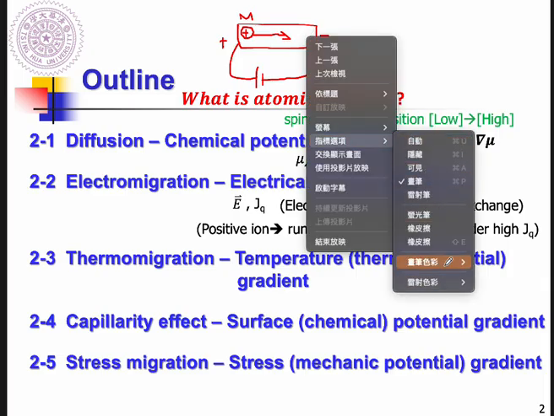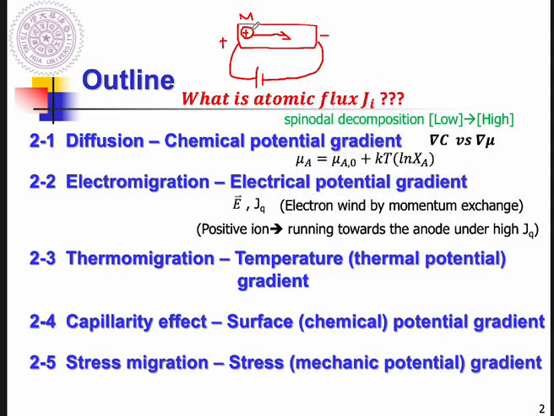But scientists observed that this positive ion goes this way, and only at higher current density. So they found that the driving force is actually the electron flow. Because higher current density means larger electron flow, the electrons go in the opposite direction to the current. So these electrons will bombard this metal ion and push it to move toward this direction. So this is the result.